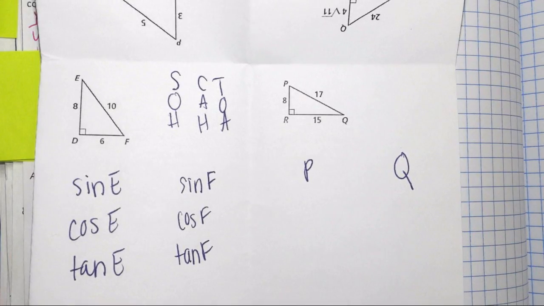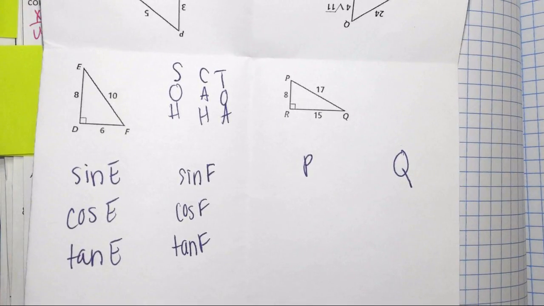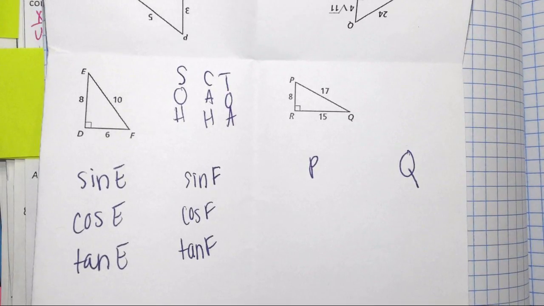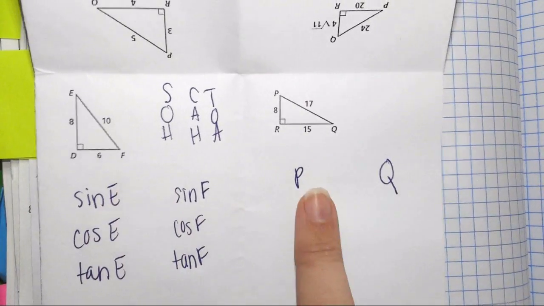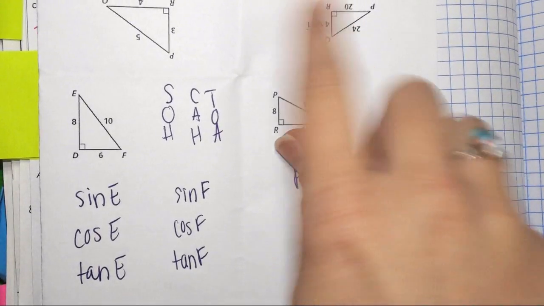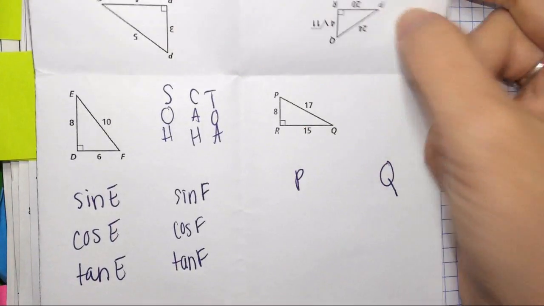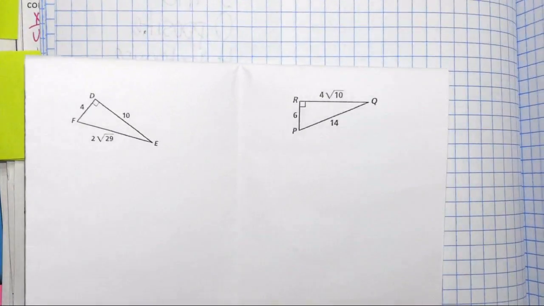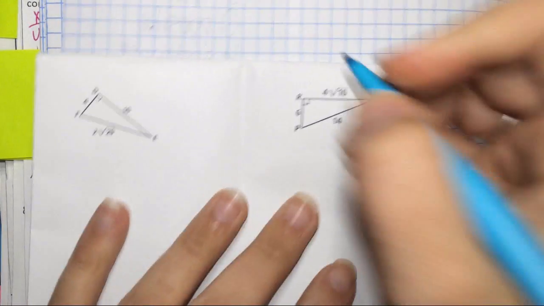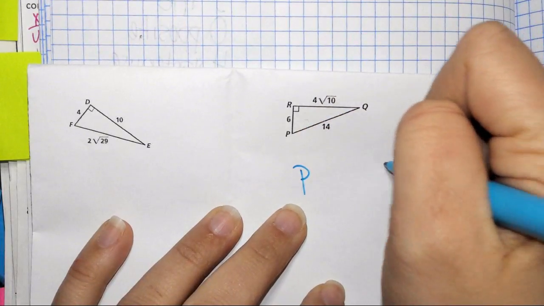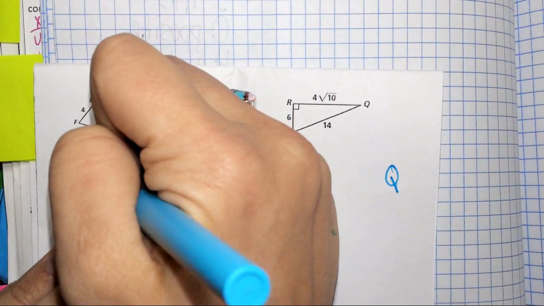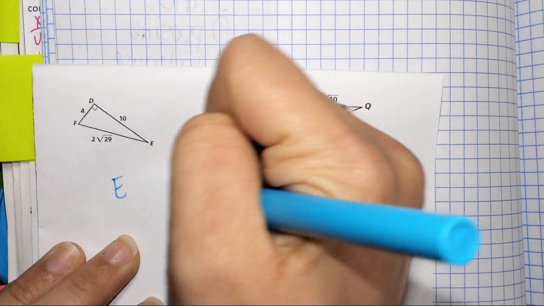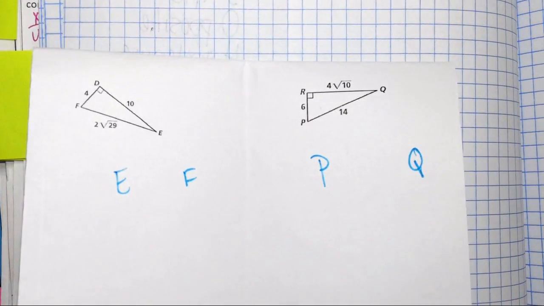Does anybody else need me to look at their foldable? So EF, PQ, up top PQ. When you close it, PQ, EF. I don't know why we went so crazy with P and Qs. So basically all of them are PQs and EFs.